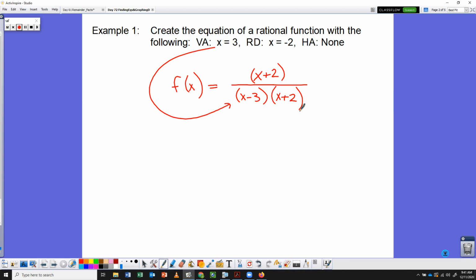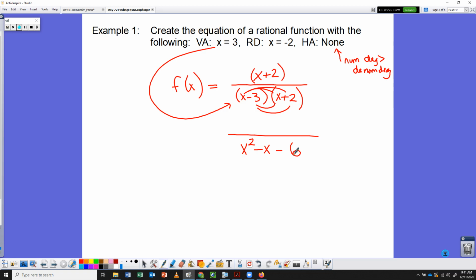This only happens when the numerator's degree is greater than the denominator's degree. So in other words, there's more x's in the top part of the fraction. Now currently, with the setup that I have, when I multiply the bottom part of the fraction, first, outer, inner, last, I'm going to get x squared minus x minus 6.